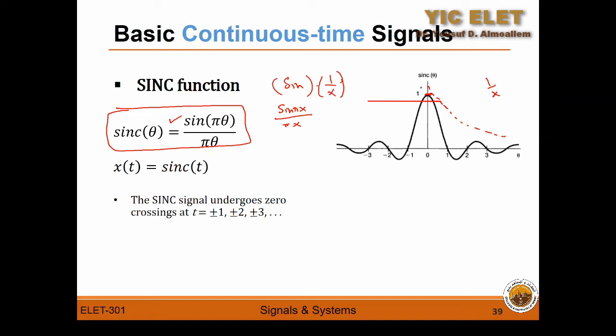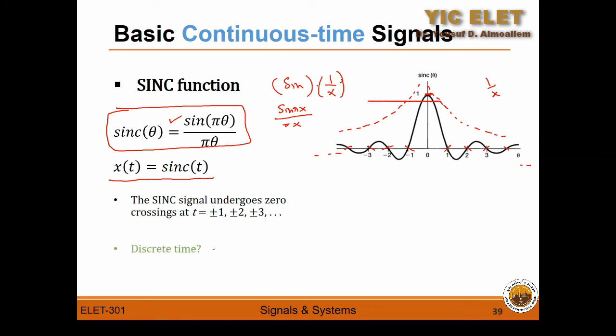It will be the same on the positive side as well as the negative side. So we can write x of t equals sinc of t. And if you noticed, the crossing of the horizontal axis will be at all these integers: 1, 2, 3, 4 on the positive side, and minus 1, minus 2, minus 3, minus 4 on the negative side, and so on until you reach plus or minus infinity.